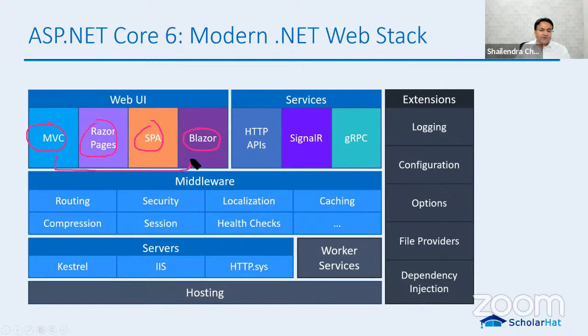Whenever it comes to building a full-fledged application using only Razor, we can go ahead with Blazor. If you're willing to use Angular or React as a front end, we have single page application support. If you like the style of web forms, where we have a code-behind file and a UI file, you can go with Razor Pages. If you like the MVC pattern, we have the MVC pattern there.